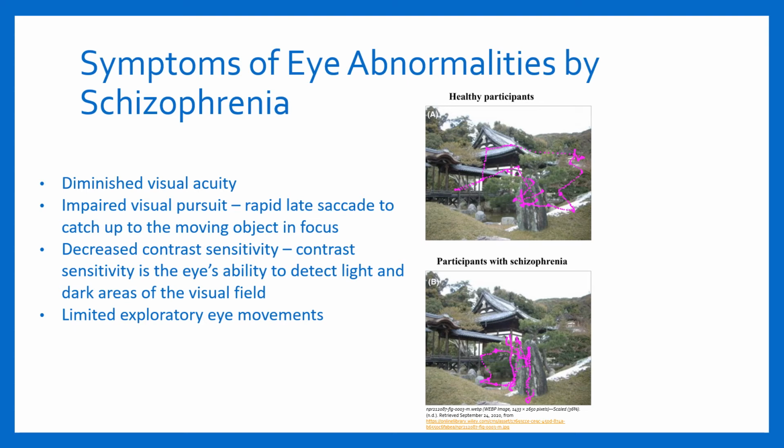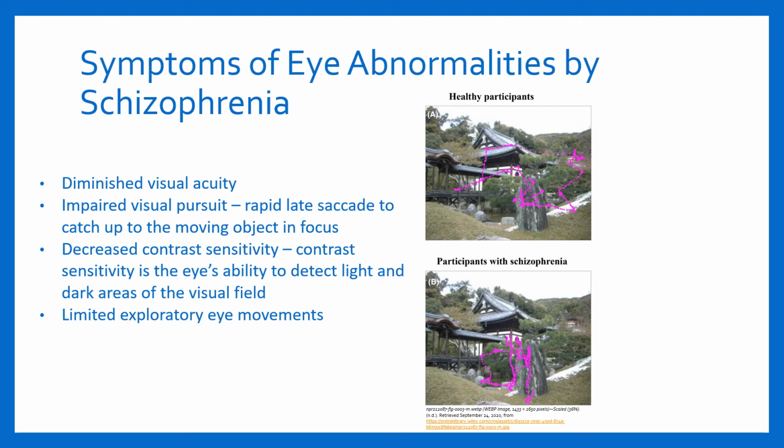And take a look at this picture here. The series of pinkish purplish dots are indicating what the participants see at any given time. So in healthy participants, when they were given a new picture or a scenery, their eyes move all over the picture.